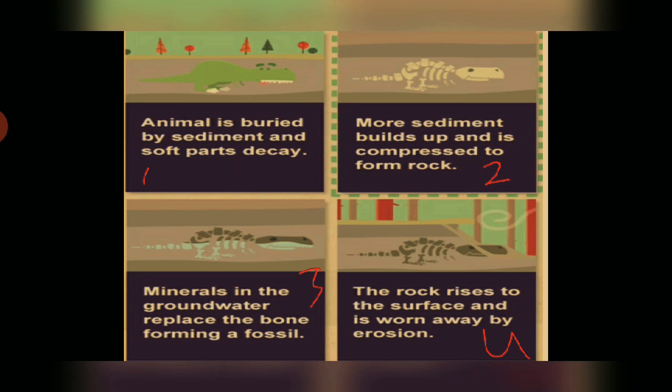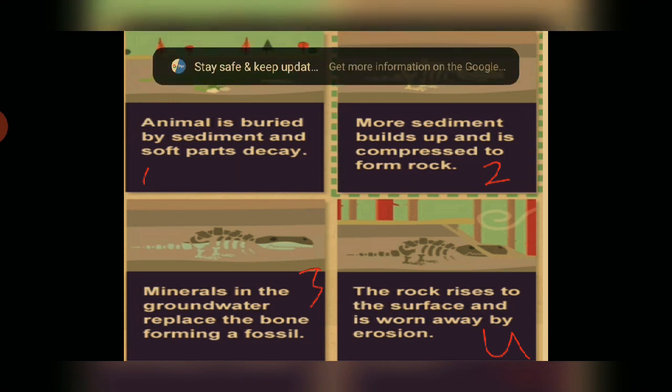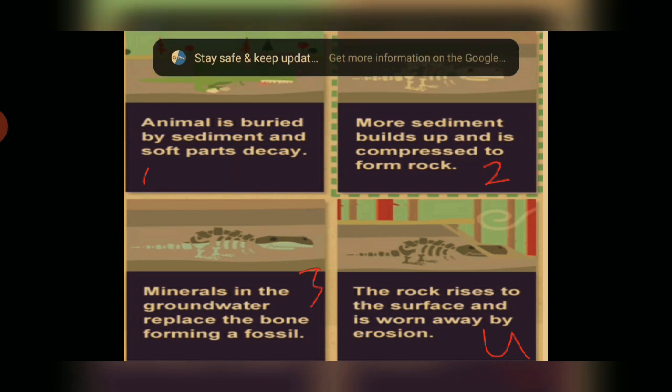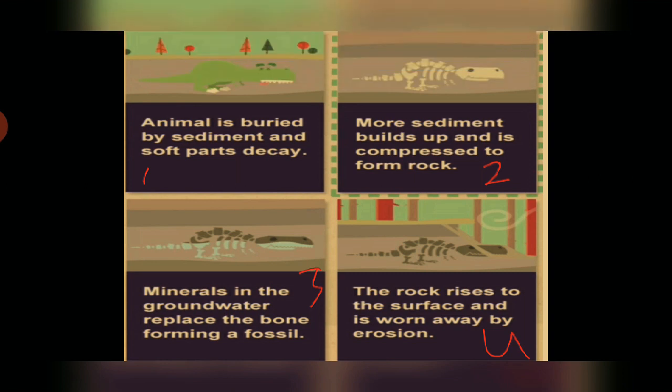After an animal dies, the soft part of its body decomposes, leaving the hard parts like the skeleton. This becomes buried by small particles of rock called sediment. In the second diagram you see, as more layers of sediment build up on top, the overlying weight increases and the buried organism becomes compressed and forms rock.